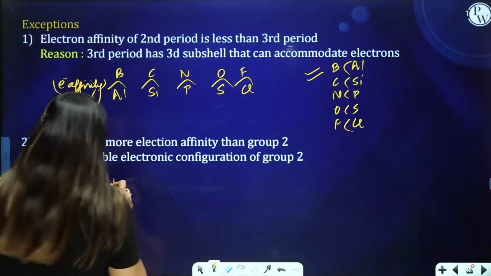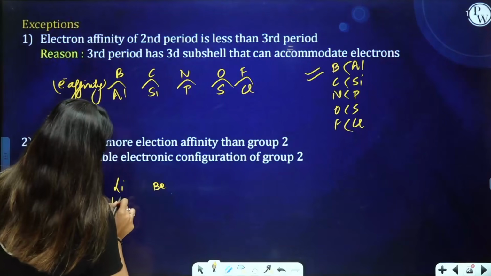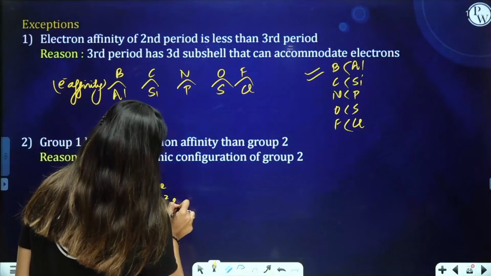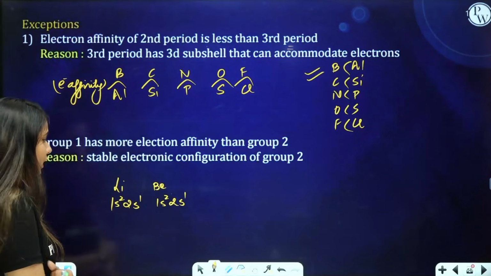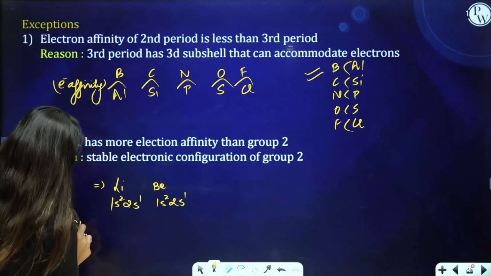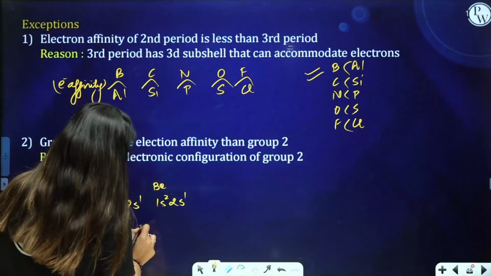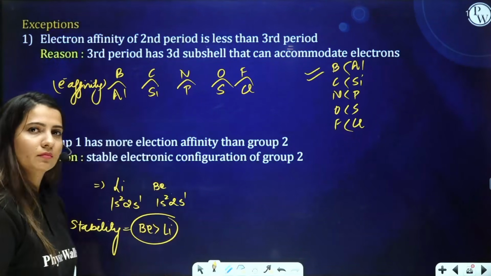See, if I talk about lithium and beryllium, electronic configuration of lithium is 1s2 2s1, and of beryllium 1s2 2s2. This is the electronic configuration present over here, right? So if I talk about the stability order, beryllium is more stable than lithium, right?